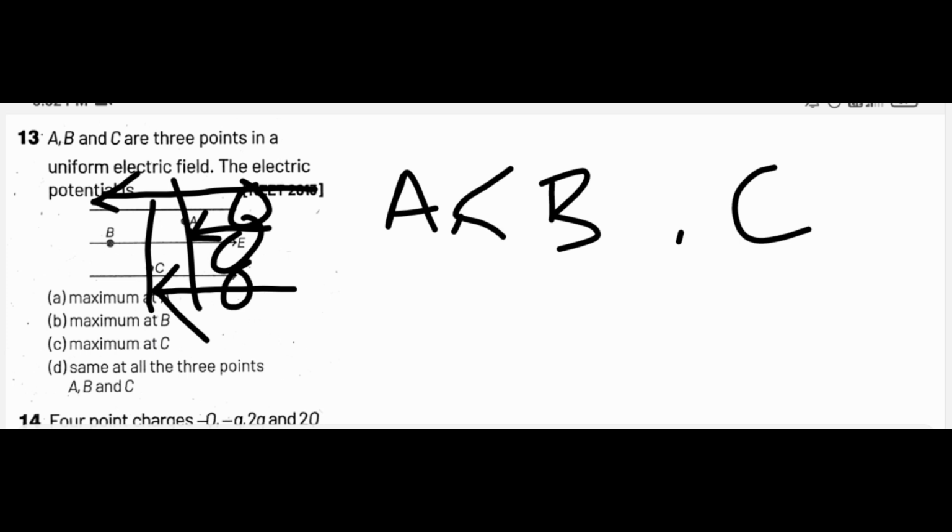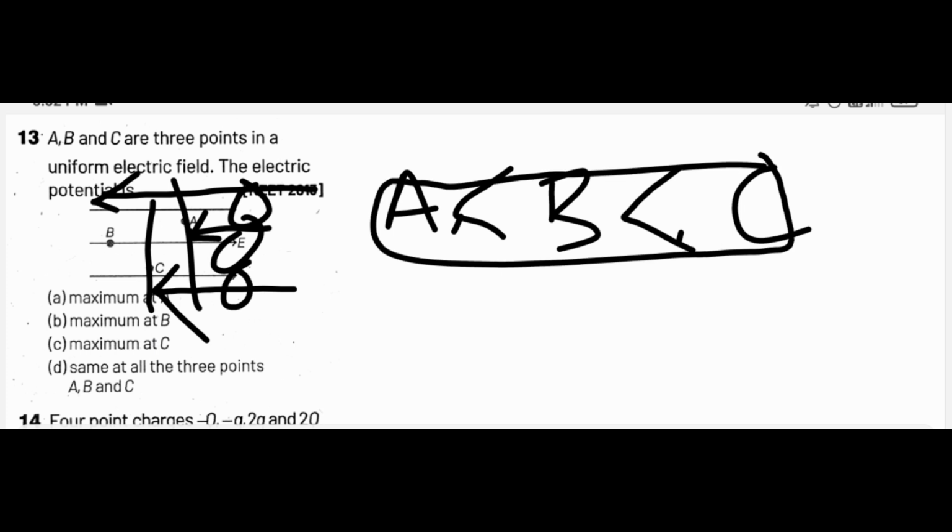That means A is nearer, B is somewhat far, and C is further far. So A has a lower potential than point B, and again potential decreases towards point C. If it is so, the electric potential is maximum at B. So the answer will be option B.